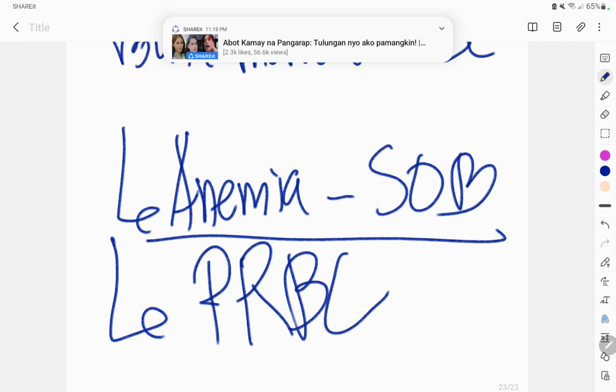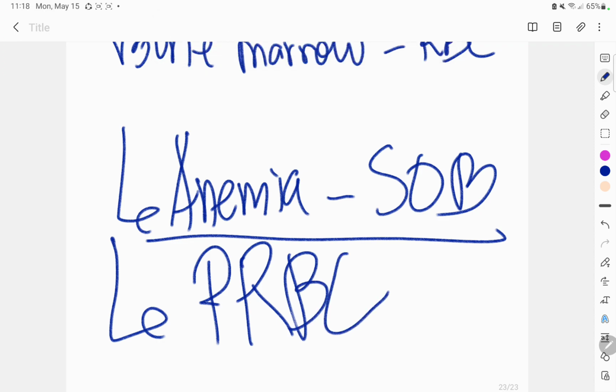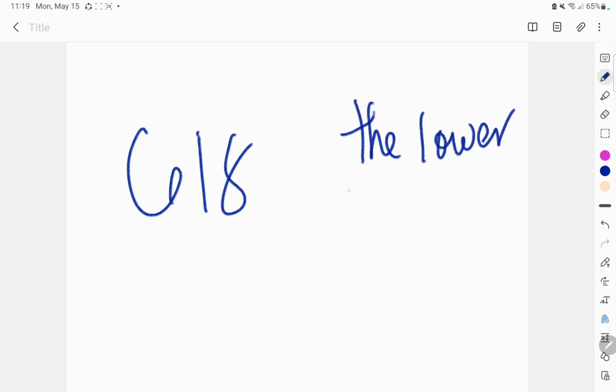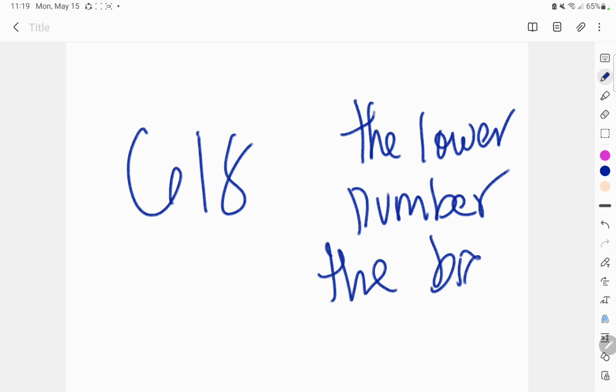Now, on your blood transfusion, always make sure that it is a gauge 18. Why? Kasi pag mababa ang number, the lower the number, the bigger the bore.